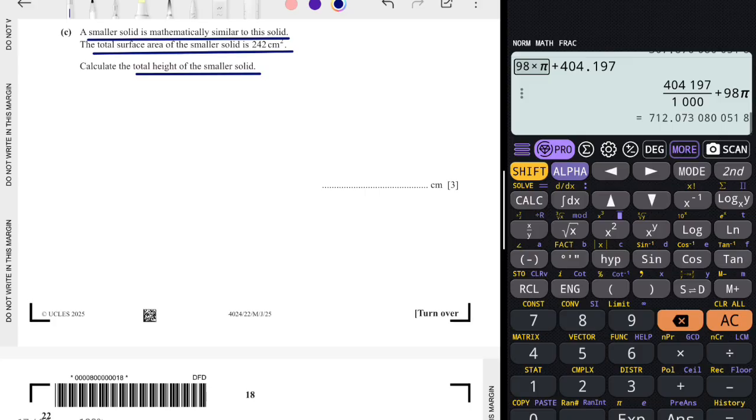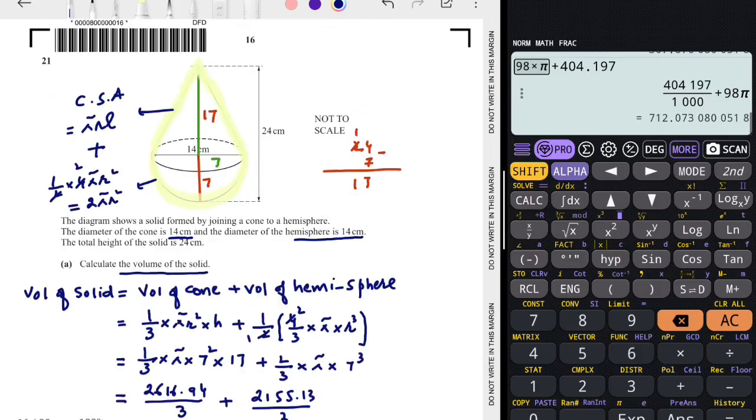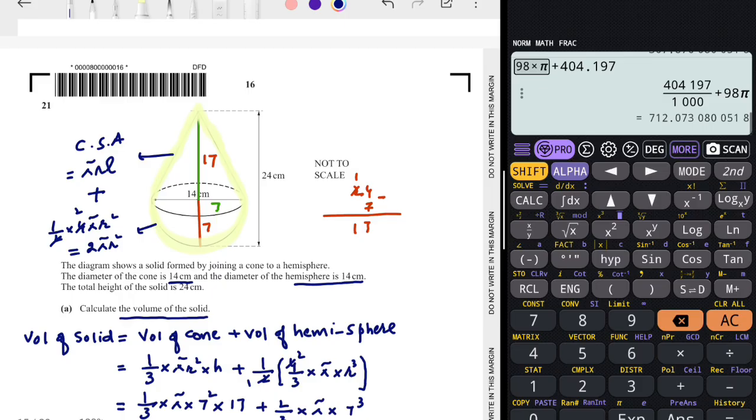Now, if you see the previous diagram, the height of this solid is 24 and its surface area was 712.17.